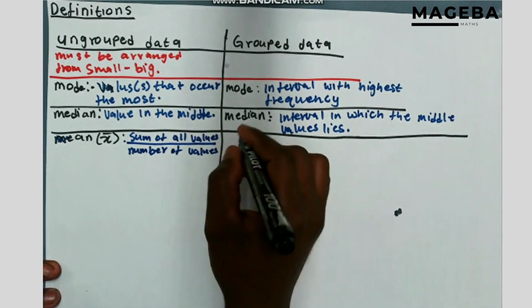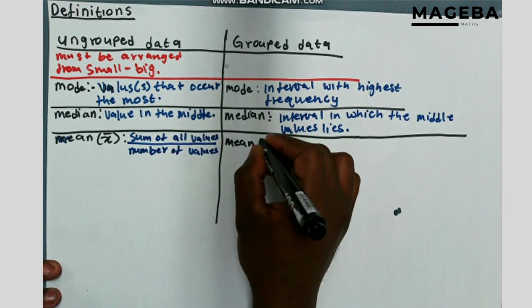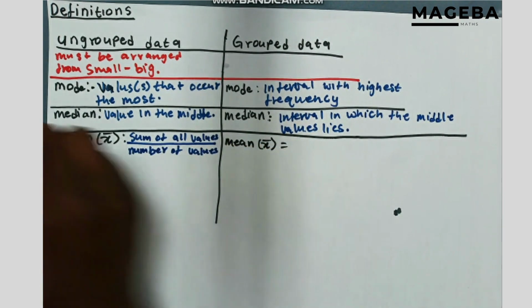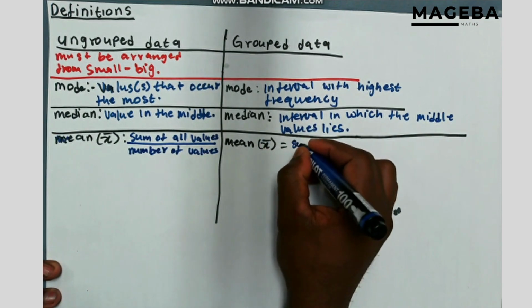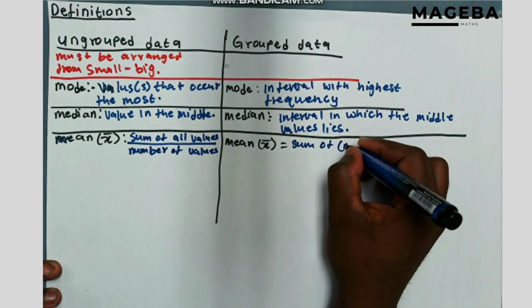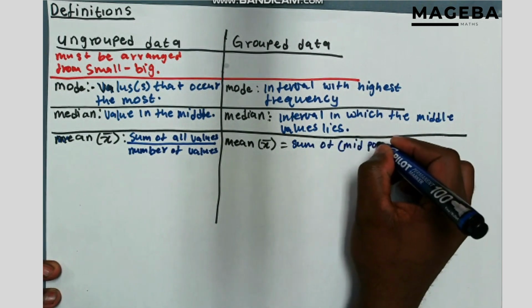Then the mean under grouped data is just the sum of, remember you need to find the mid values or the midpoint.